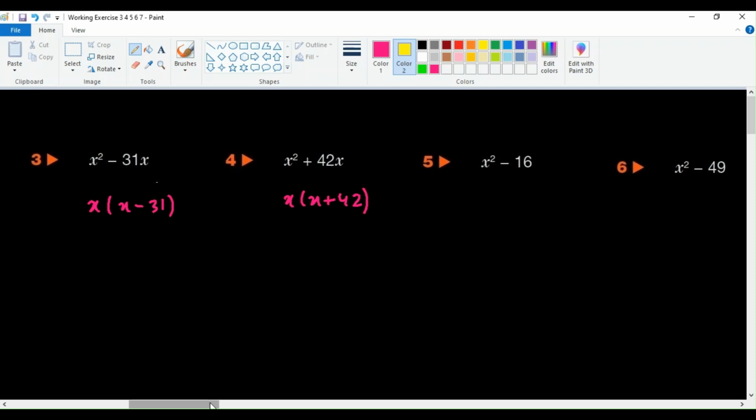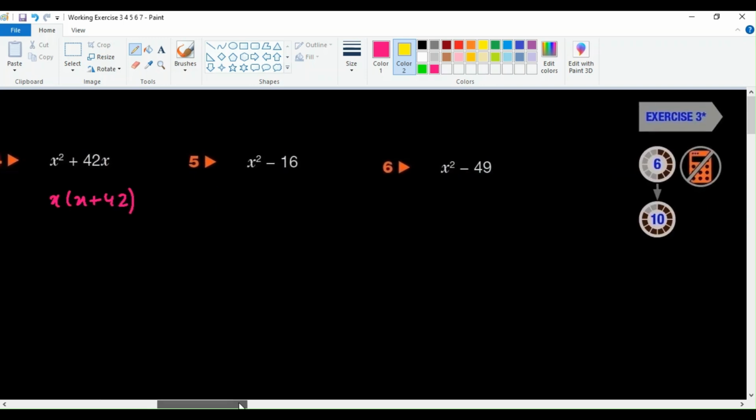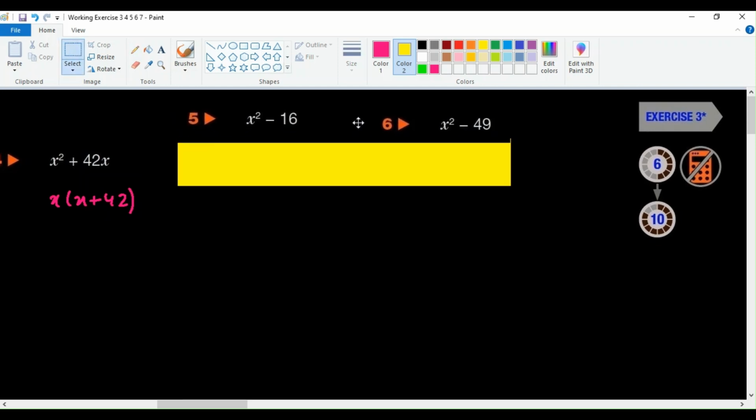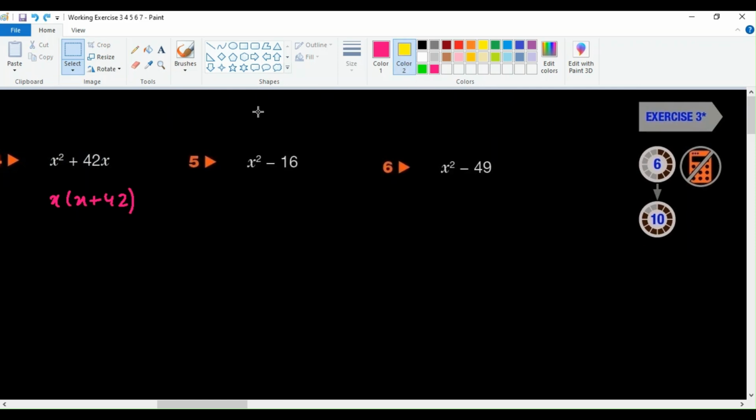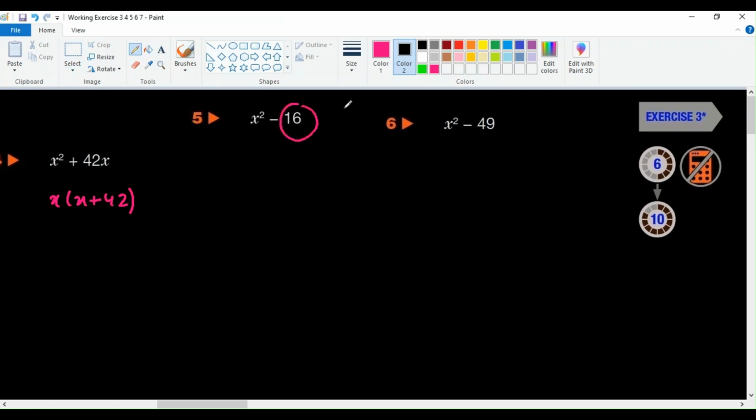Now, when it comes to question number 5, there is a formula I need to explain to you. In here, always remember that you will get questions on what you call difference of squares. Always remember that these values, this one and this one, are always going to be in square form.